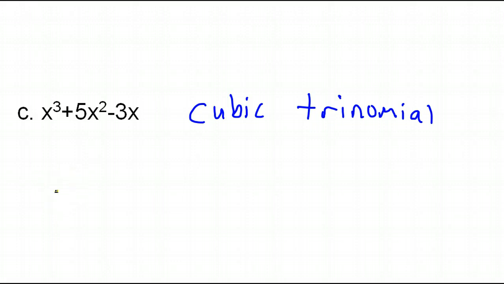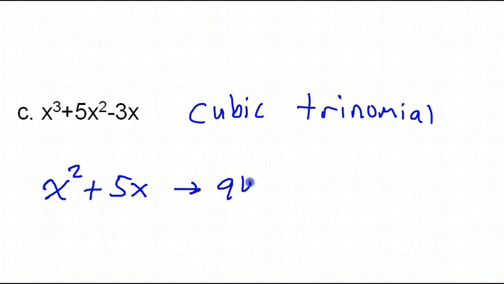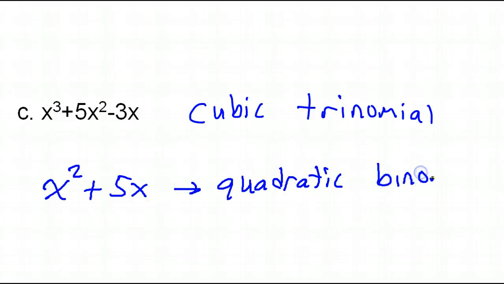Please understand, if it was something that had x squared, like say if I had x squared plus 5x. Degree 2 is called quadratic. So this would be a quadratic binomial.